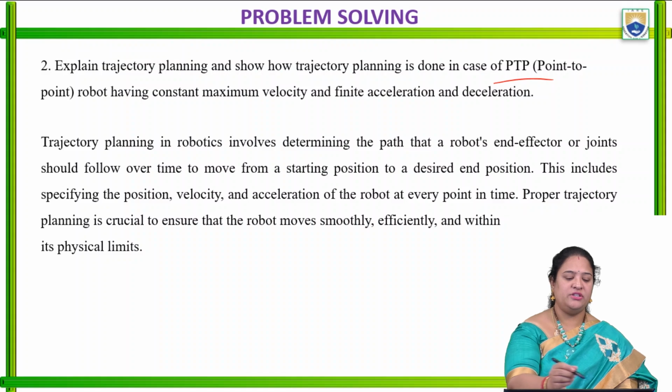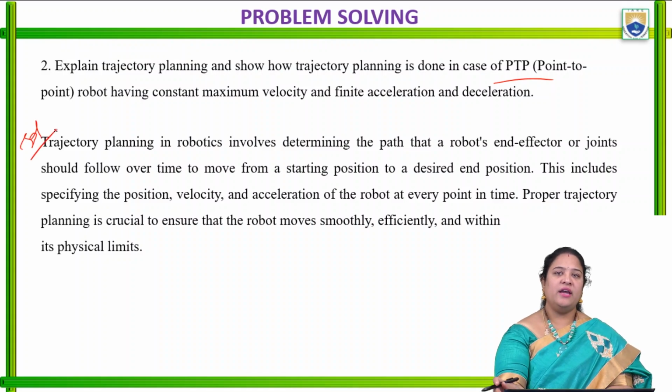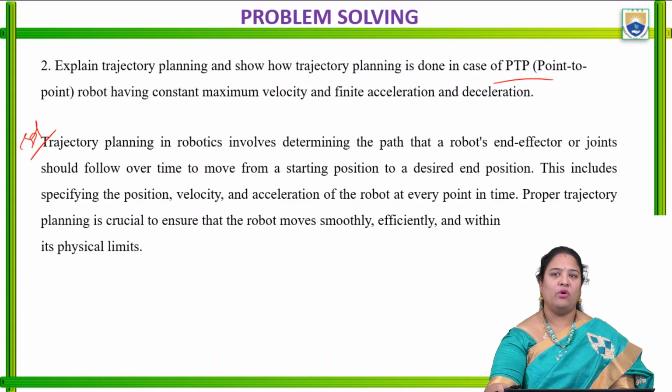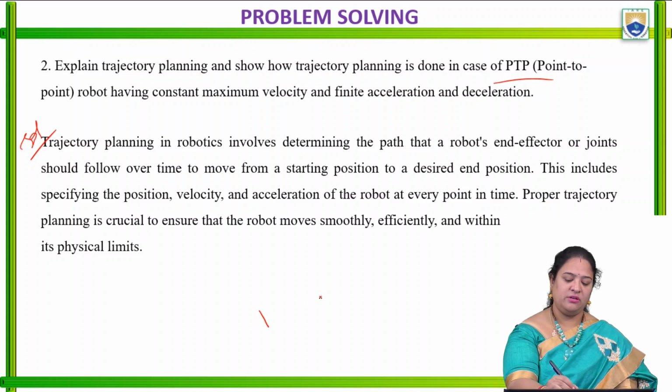Right, so initially the solution will be considered as: trajectory planning in a robot involves the determination of the path that the robot's end effector or the robot should follow. Trajectory planning involves the path that the robot's end effector or the joints should follow over a certain period of time to move from a starting position to a desired end position, from one initial position to the desired end position.